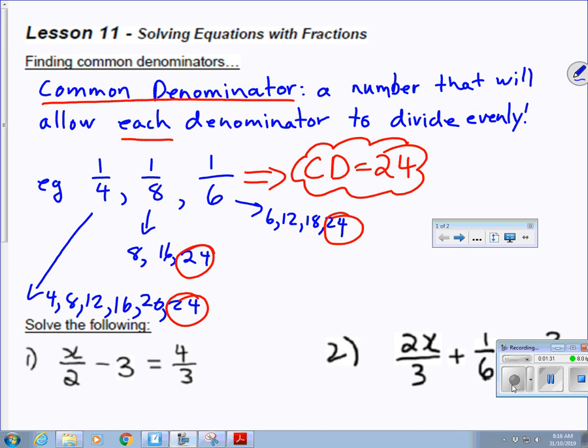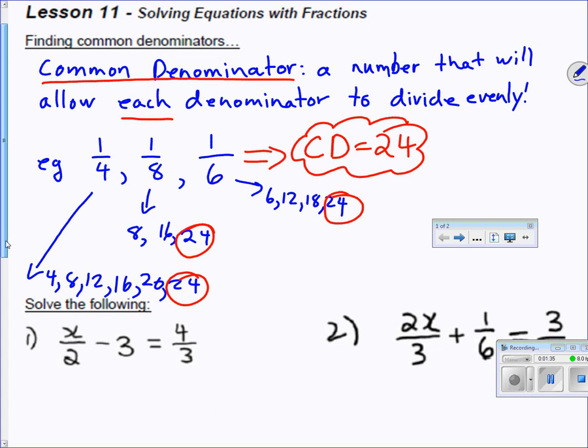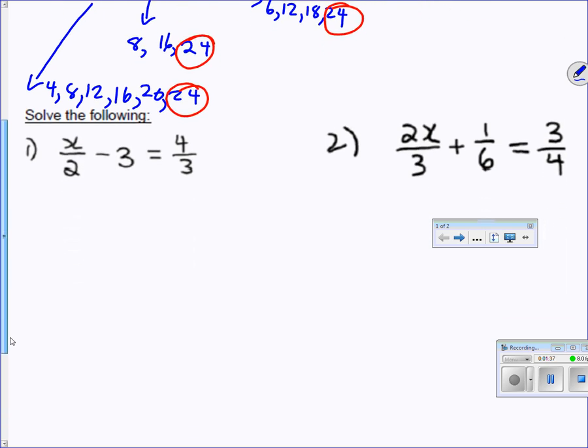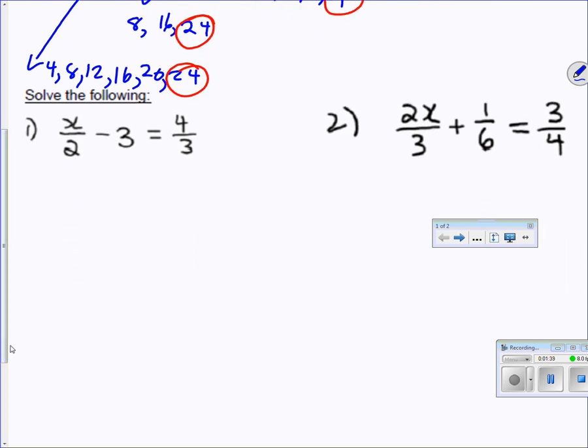Now, the question is, how does this work when we're talking about solving equations? We're looking at equations with fractions in them, and what we're going to try to do is eliminate them by doing some funky mathematics.